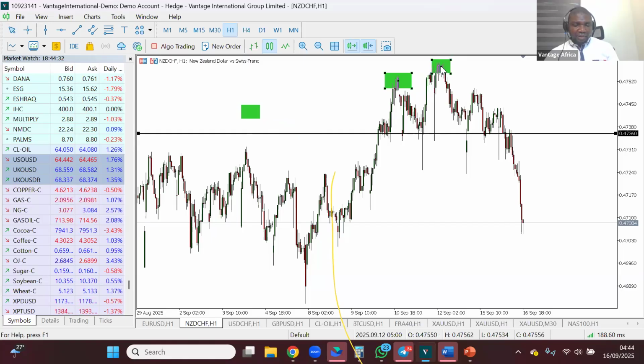This is the head. This is the right shoulder. This is a left shoulder, a head, and a right shoulder, and price collapsed. This is what we call a head and shoulder pattern.